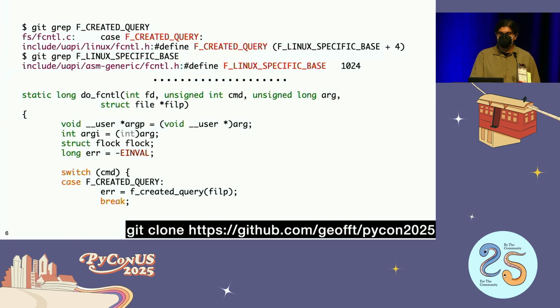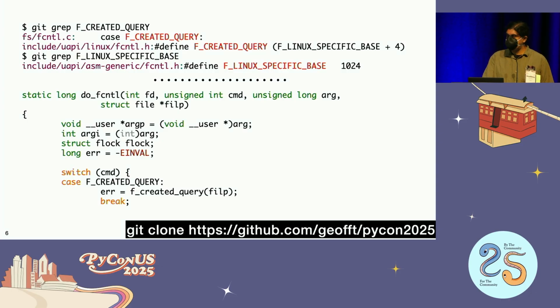If you remember the Python docs from 2 slides ago, the definition of this function matches pretty closely. It takes a file descriptor, it takes a command, it takes an argument, it takes a file pointer to the file descriptor because that's what the kernel uses, so it's convenient for the kernel to pass it. You can ignore those next few lines and go down to the switch statement, which is basically C's version of Python's match statement.